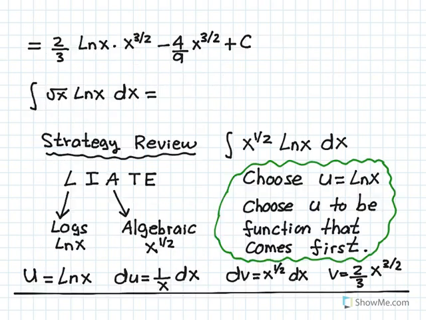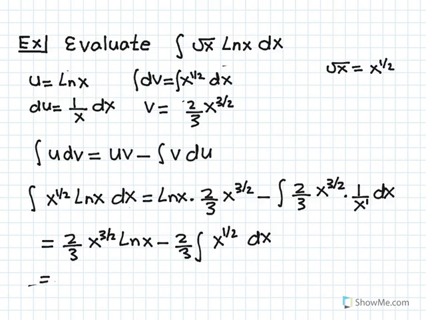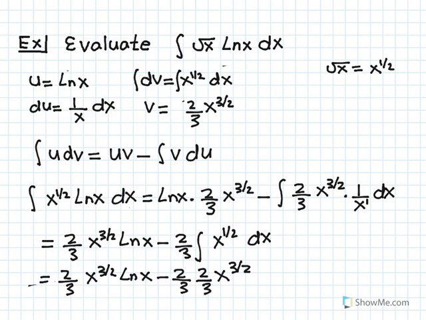All right, so what we have is 2/3 x to the 3/2 log x minus 2/3, and integrate x to the 1/2 using the reverse of the power rule. That's going to be x to the 1/2 plus 1, that's 3/2, divided by 3/2, which is the same as multiplying by 2/3, plus constant c.